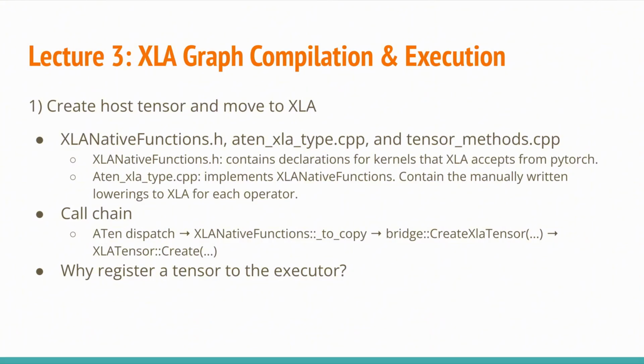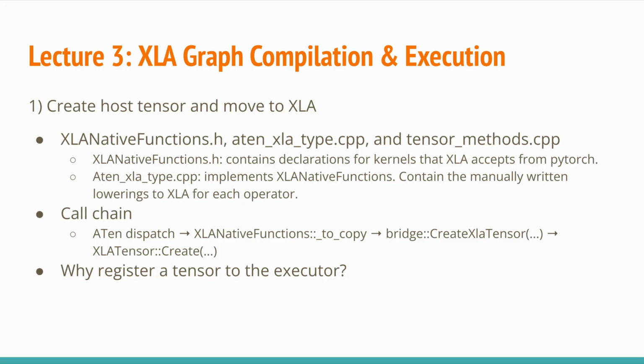Think of the device context arena as a per-device phone book of weak references to XLA tensors. Register on create and unregister on destroy. The executor uses this phone book to coordinate sync and debugging without owning the tensor or forcing execution. So that's the first step.